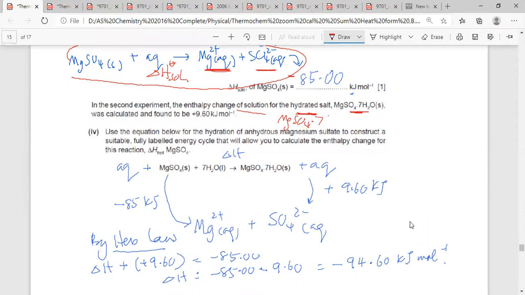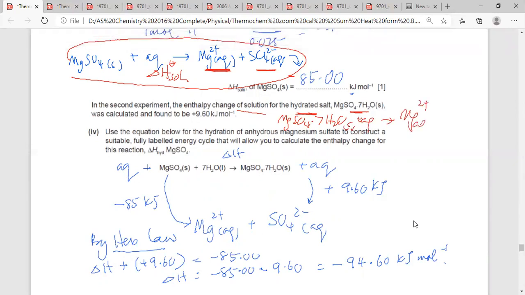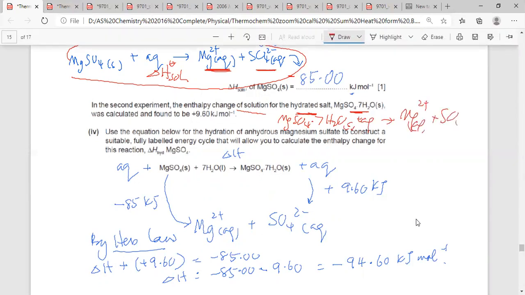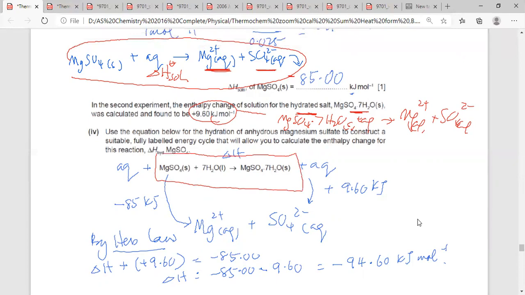This is the hydrated salt, 7H2O, solid, plus water, to form Mg2+ aqueous plus SO4 2- aqueous. This one is given here. From here to here, this part is your heat of hydration. This is anhydrous, and this is your hydrated.